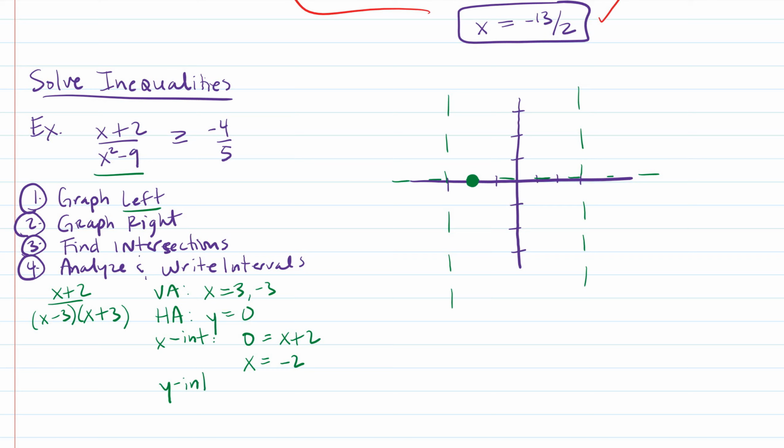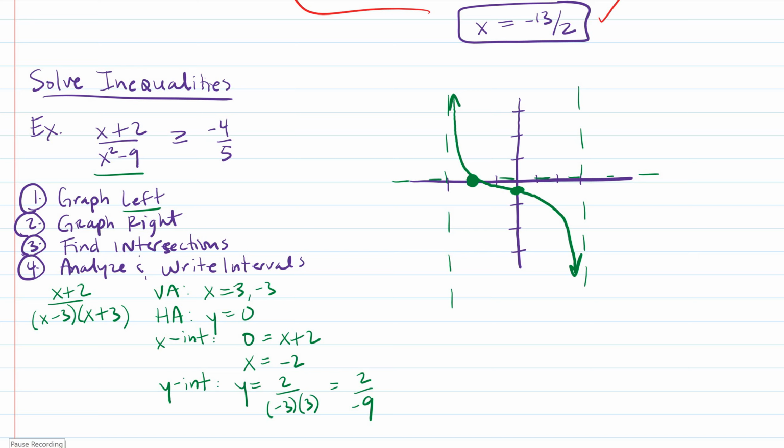And then our y-intercept, let x equal 0, so y is equal to 0 plus 2 over 0 minus 3 times 0 plus 3. That's 2 over negative 9, so negative 2/9 is about right there. Since we have 2 points there, we can assume that this part of the function is going to look like that.